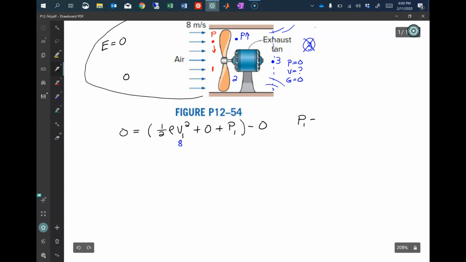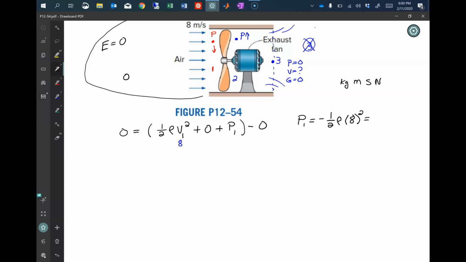P1 is then equal to negative 1/2 density times 8 squared. If you keep your units in kilograms, meters, seconds, and newtons, then you don't have to worry about converting units. They'll come out in the natural way that they should.